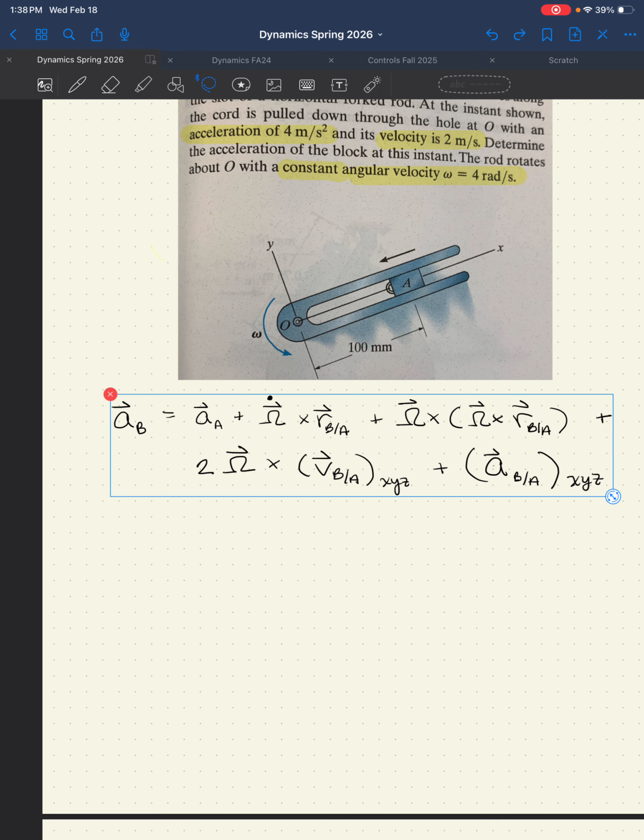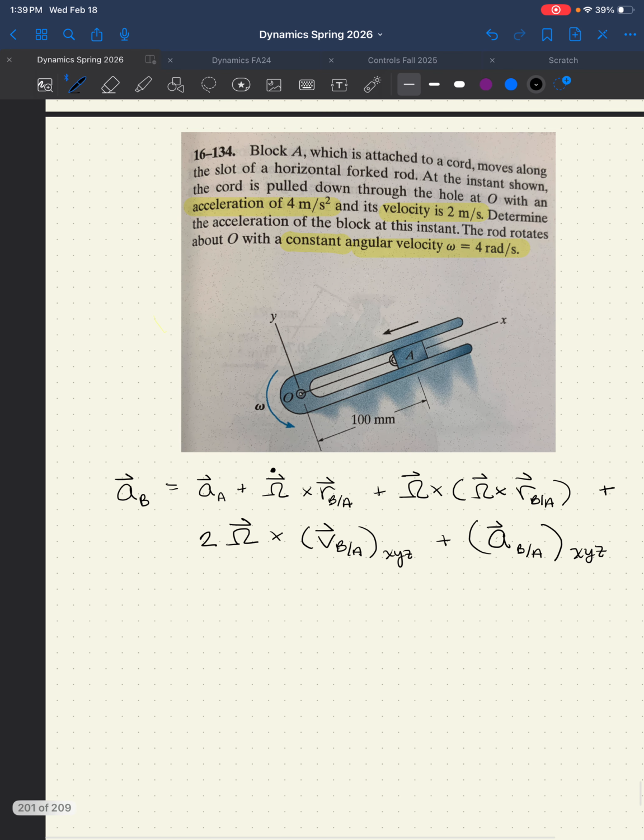Paste it down here. Okay, and I'm going to go variable by variable and try to find all of these variables. Okay, first off, let's double check that what it's asking me for is this A, B thing. Okay, so it says determine the acceleration of the block.